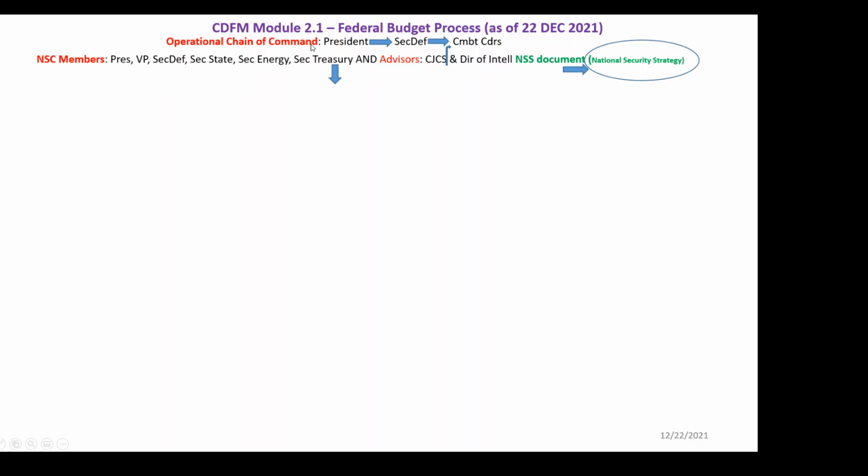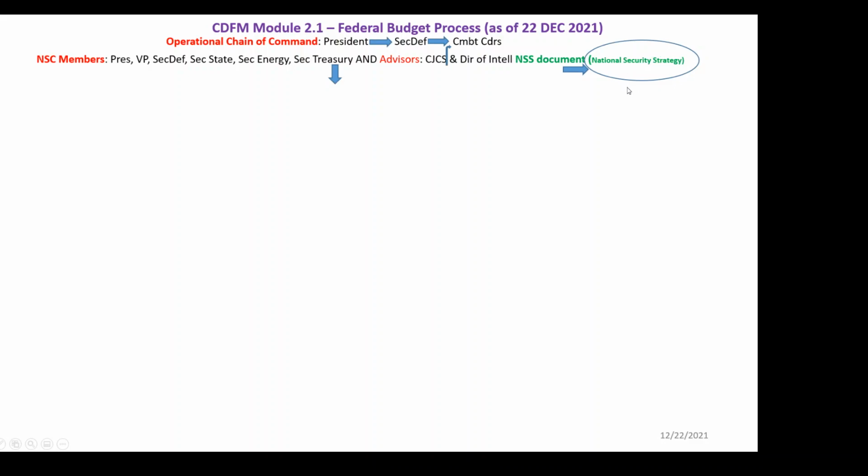Based on their assessment of the various threats the country faces, the National Security Council will publish the National Security Strategy document, the NSS. You can look at this as the big op order.